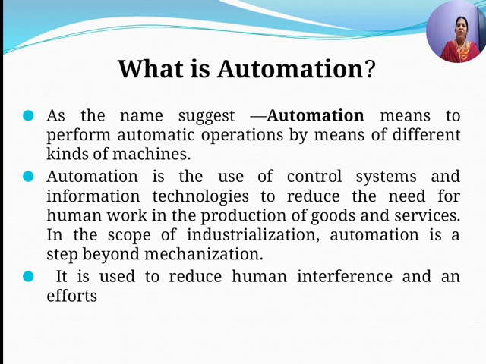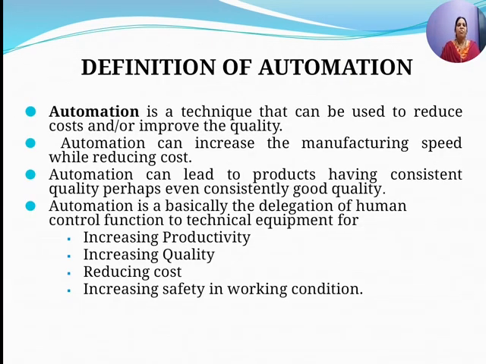In the scope of industrialization, automation is a step beyond mechanization. It is used to reduce human interference and efforts. Automation is defined as a technique that can be used to reduce cost and improve quality.